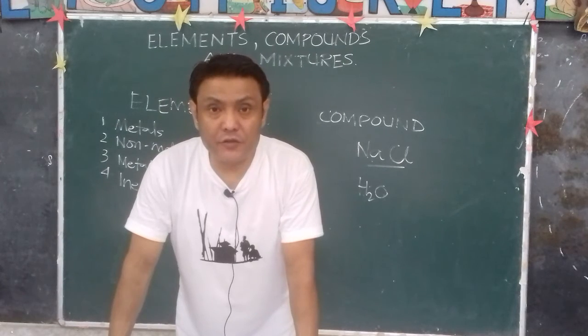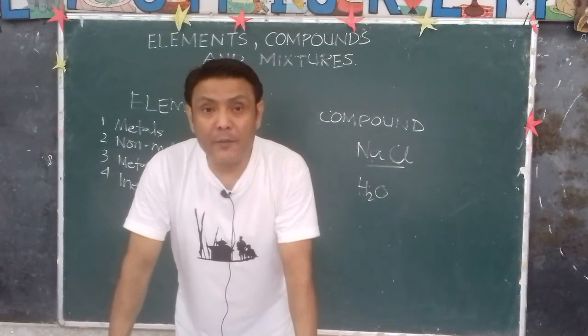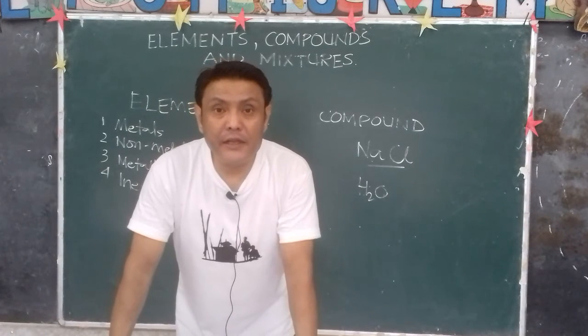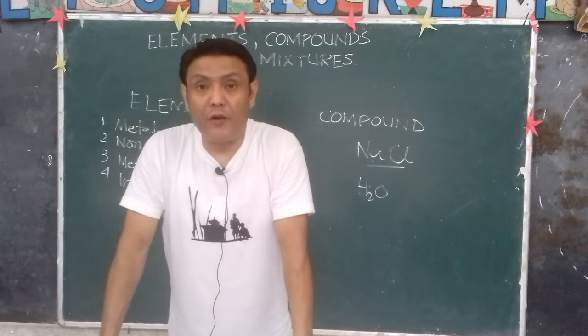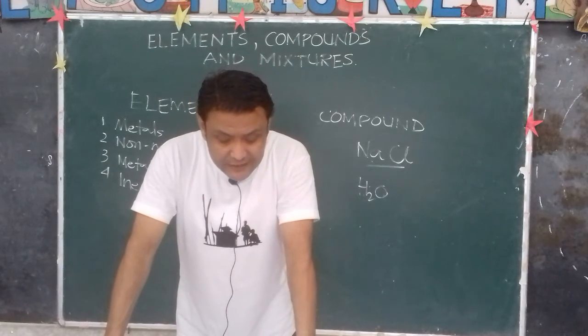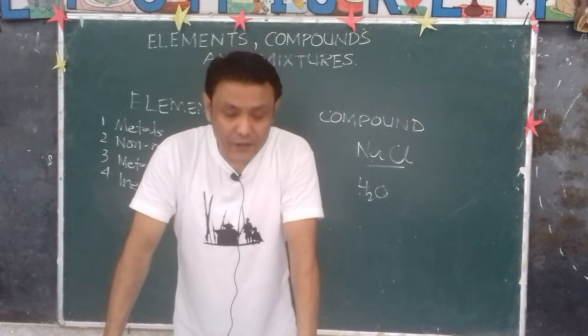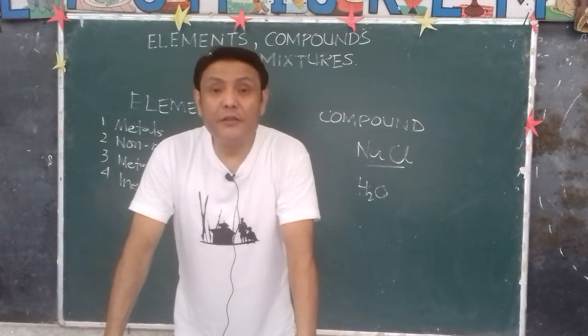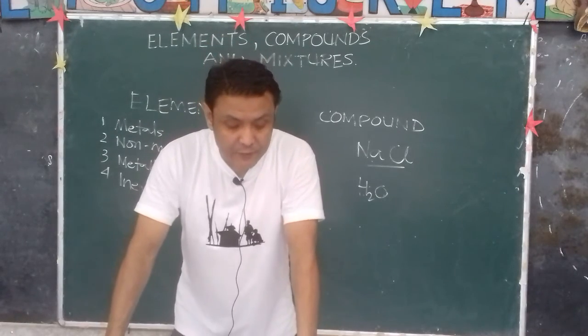Exothermic reactions are those in which heat is given off, and the endothermic reaction is the one in which heat is absorbed. So when a compound is formed, there is always a change in the energy. Energy is either given off or taken in. Now these were the properties of compounds. Once more we'll repeat it.